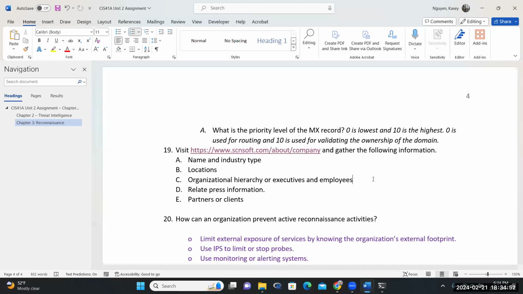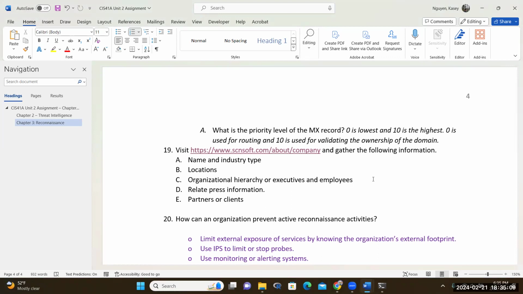Sometimes that is helpful because maybe from a bad attacker standpoint, I want to target the executive with phishing or spear phishing. That potentially would be the ideal.